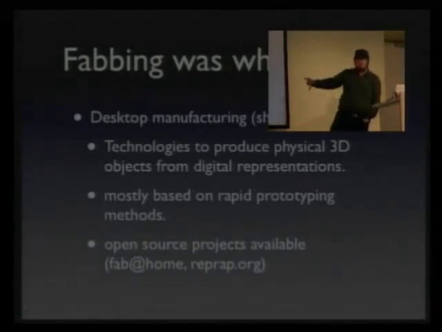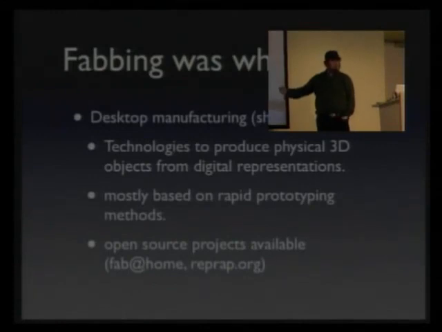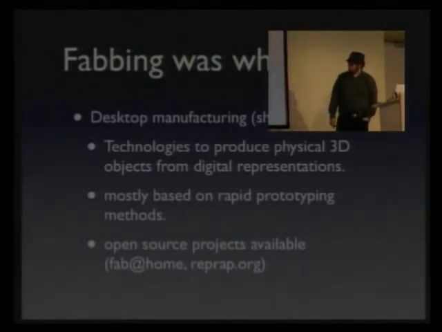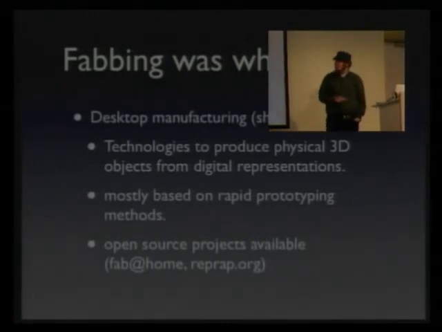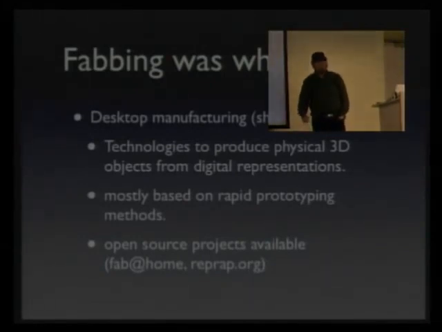One is Fab at Home, an American project which is not self-reproducing, and the RepRap project from England, which is more promising for us, because the nice thing about this project is if you have one, then you can print out the next one. And if there's a revision like 0.2 point something, then you print out the revision and attach it to the old machine. It's really nice.